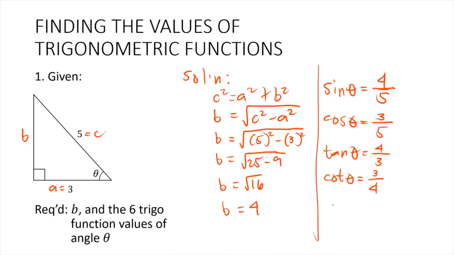And then we have secant of angle theta. Secant is the reciprocal of cosine, so we have 5/3. And then lastly, let's solve for cosecant of angle theta. Cosecant is the reciprocal of the sine function. Sine in this case is 4/5. Therefore, cosecant is 5/4.